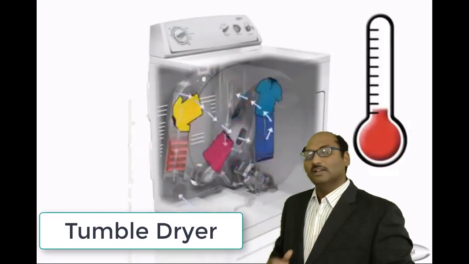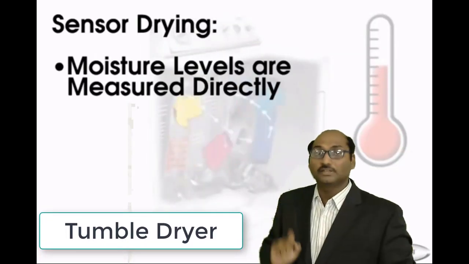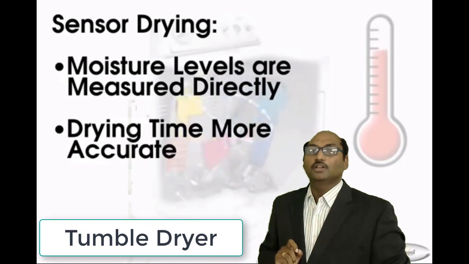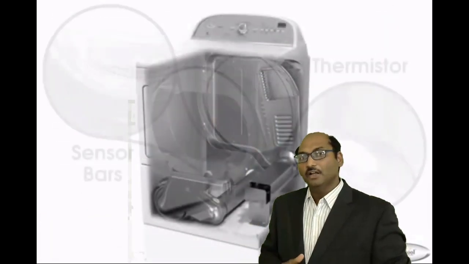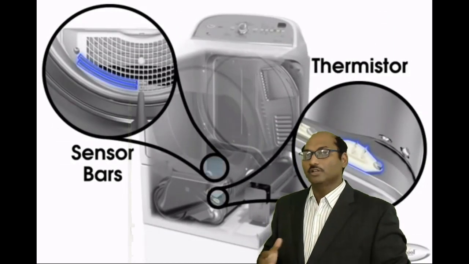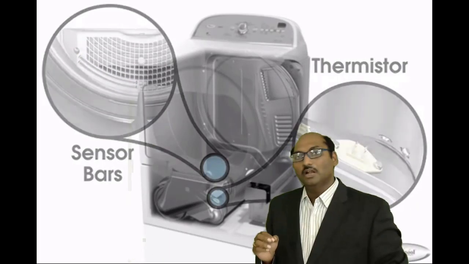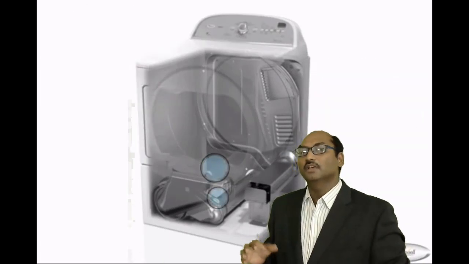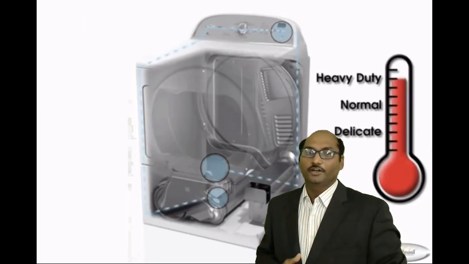The machines are equipped with various sensors. One is the door sensor, another is the moisture level, which can be measured directly inside, and the rotation speeds, and the thermostat. The thermostat is basically for temperature measurement, and there are various other sensors to understand the functioning of this dryer.